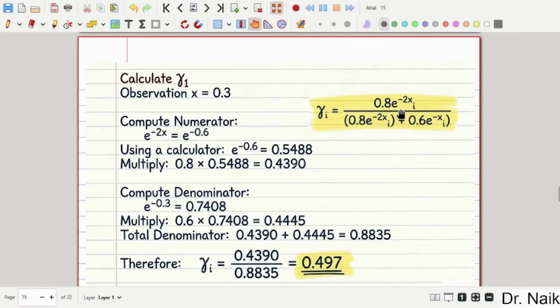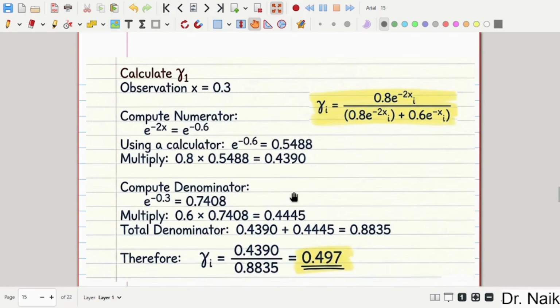So compute the numerator. e raised to minus 2 into 0.3 means e raised to minus 0.6. So e raised to minus 0.6 is equal to 0.5488. 0.5488 multiplied by 0.8 is equal to 0.4390.